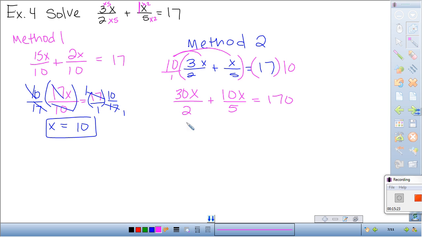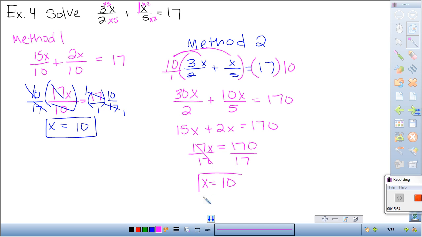Now watch what happens here. 30 divided by 2 is 15, so 15x plus 10 divided by 5 is 2x equals 170. Now I can combine like terms. 15x plus 2x is 17x equals 170. And the opposite of multiplying by 17 would be to divide both sides by 17. So x equals 10 again.